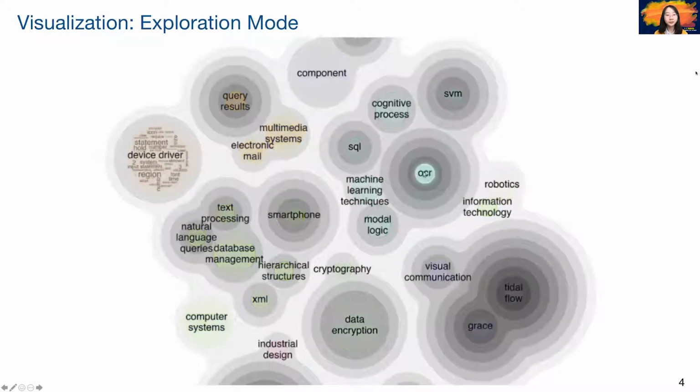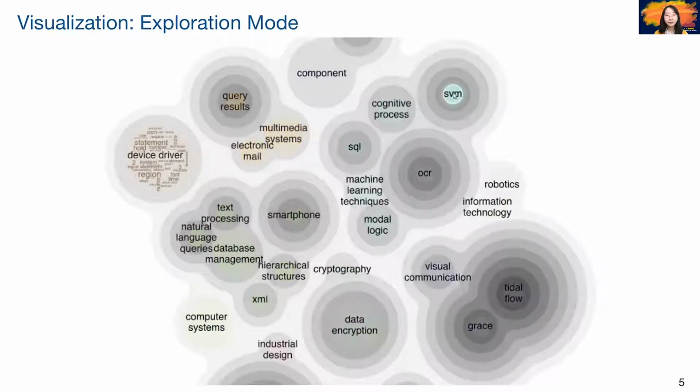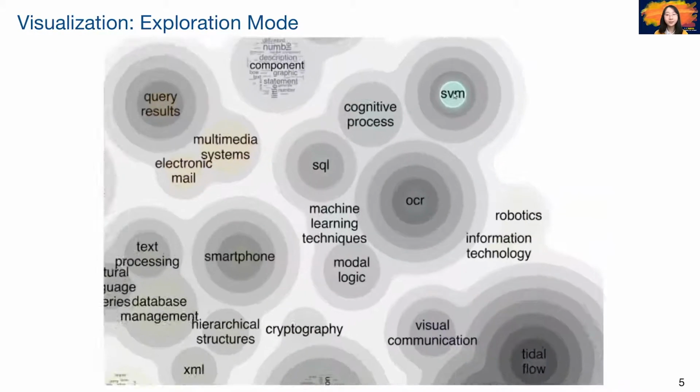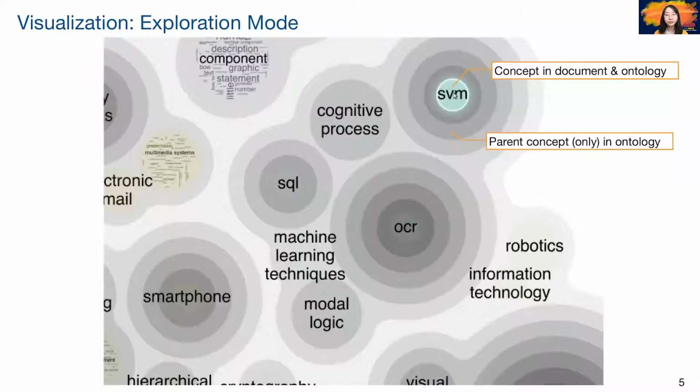We can zoom in closer to check the area we are interested in and the information about the concepts. In this visualization, the color circle in the middle represents a concept appearing both in the document and in the ontology, and the nested contours around it show its parent's concept.